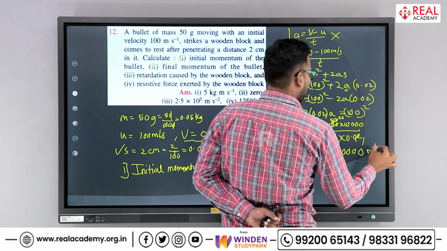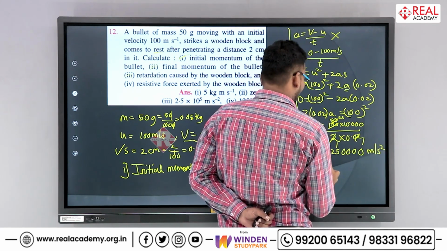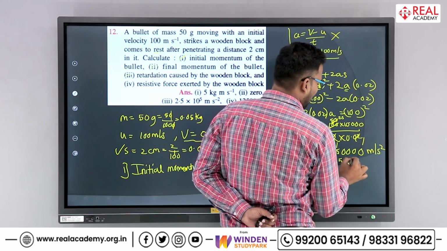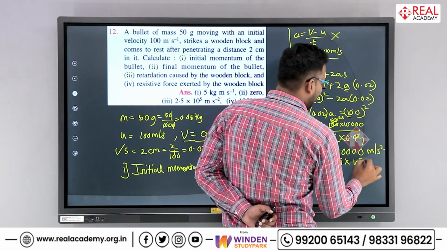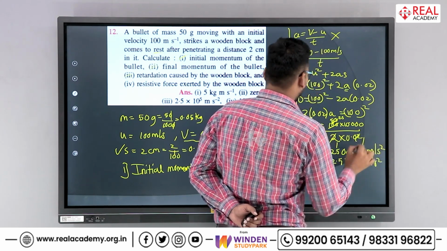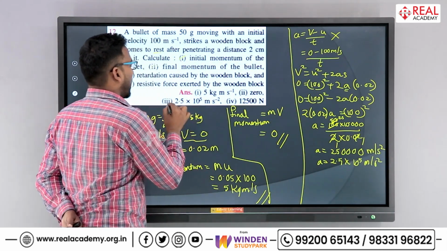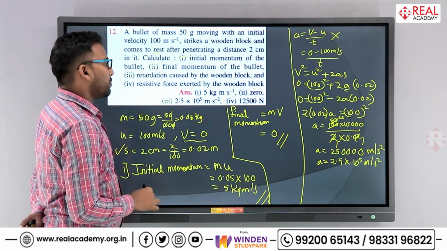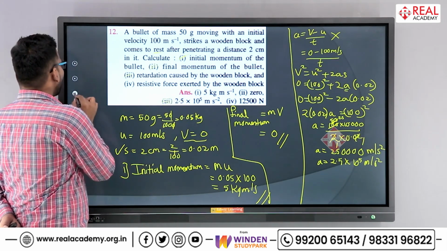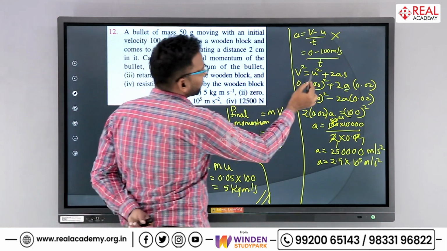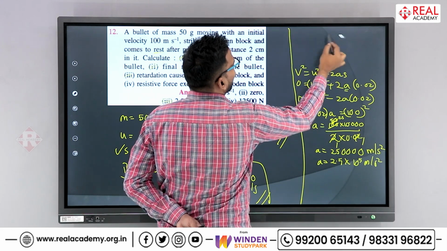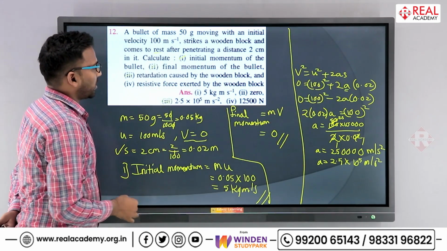Meter per second square, or else I can write 2.5 into 10 raised to 5 meter per second square, which is the required answer. Okay, what about next?